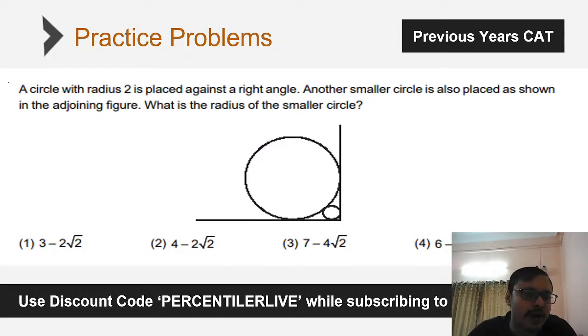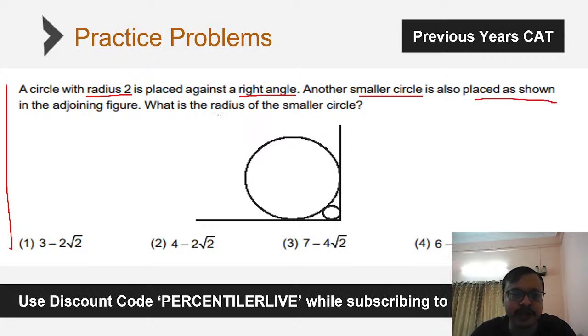There is one final question left in the PDF. It says a circle of radius 2 is placed against a right angle. Another smaller circle is also placed as shown in the adjoining figure. What is the radius of the smaller circle? This question I want you all to try as part of homework.